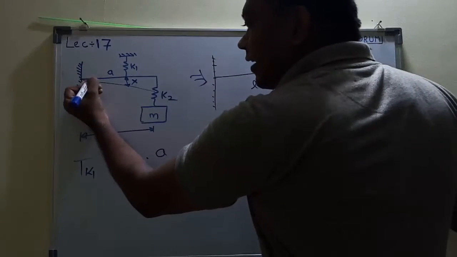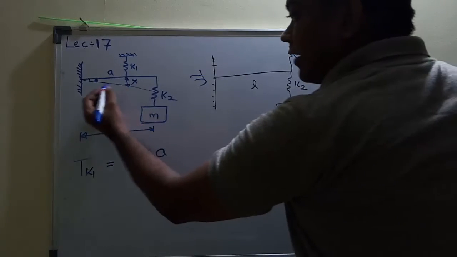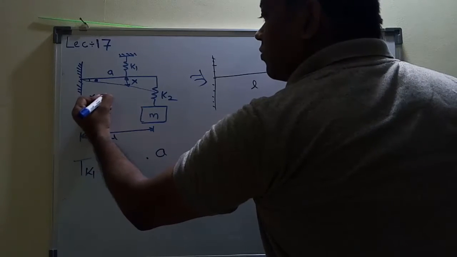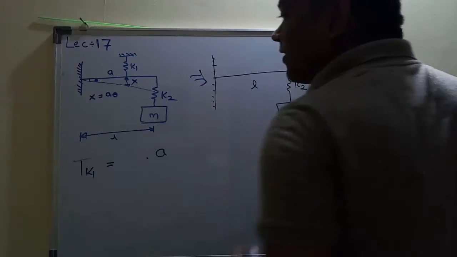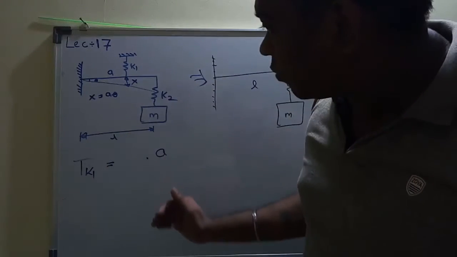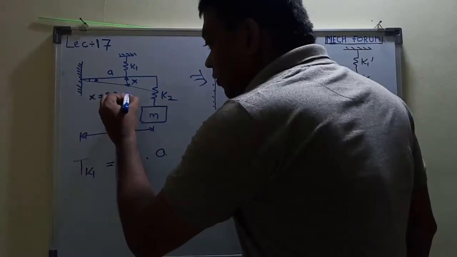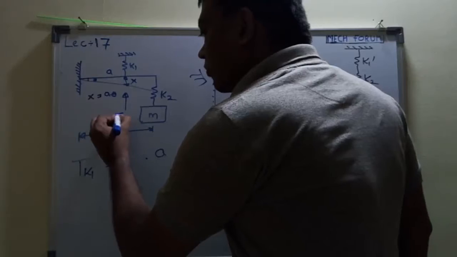So this is the X and this is the deflection theta. Fine. So what will X become? X equals A theta, and spring force will act in the upward direction, because if you pull this mass down, this spring will pull back in the upward direction.